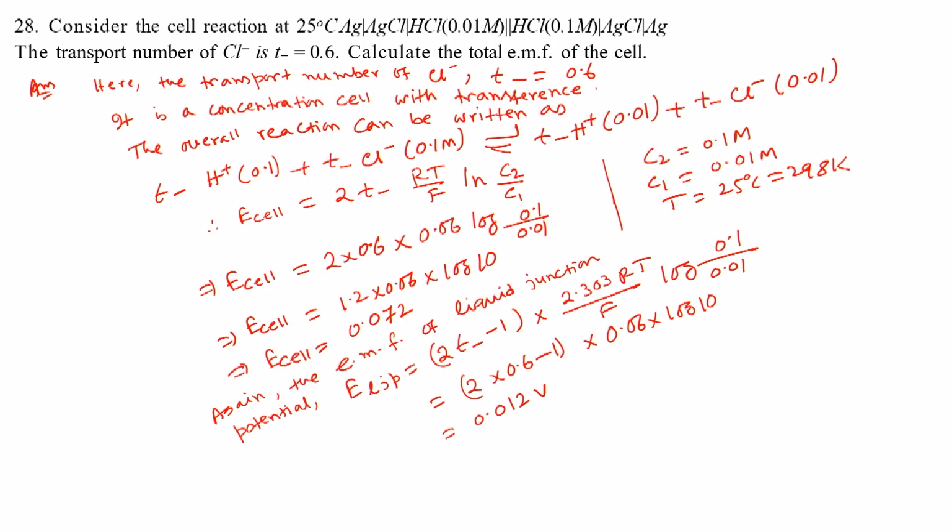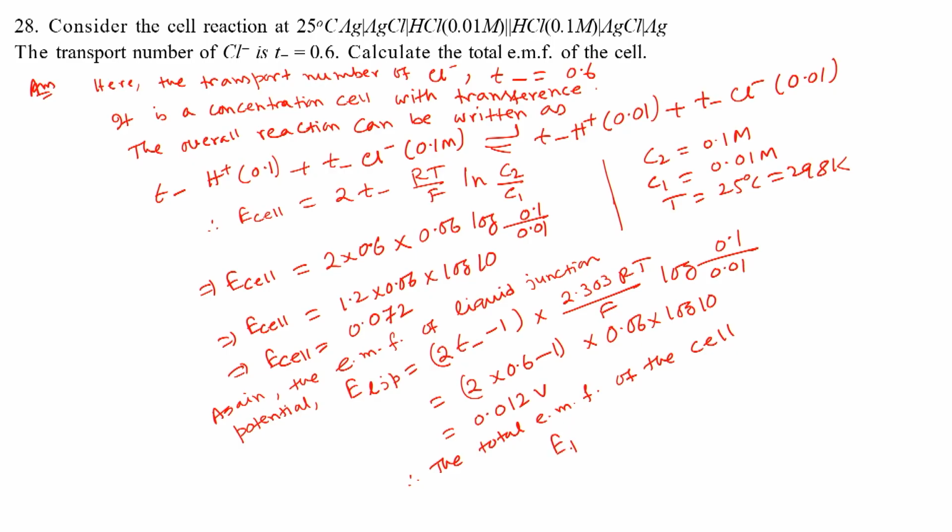Okay, so we need to add them. Therefore, the total EMF of the cell: we had to calculate E cell and ELJP separately, and then add them.